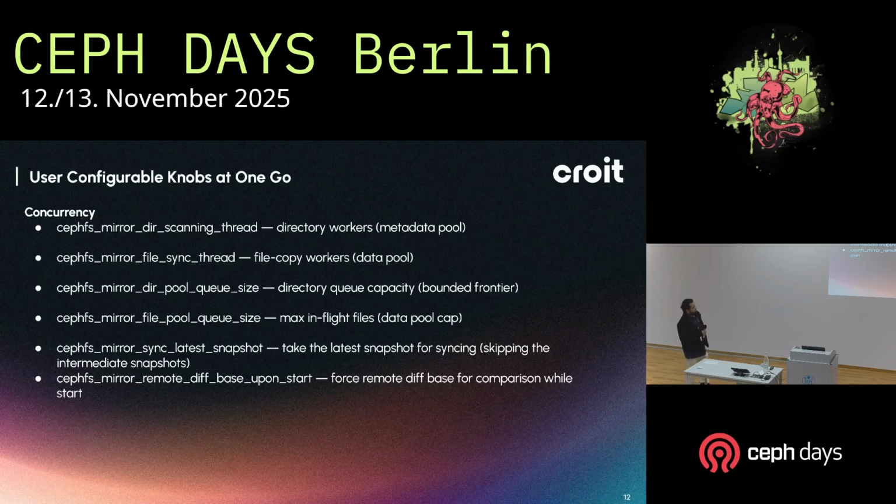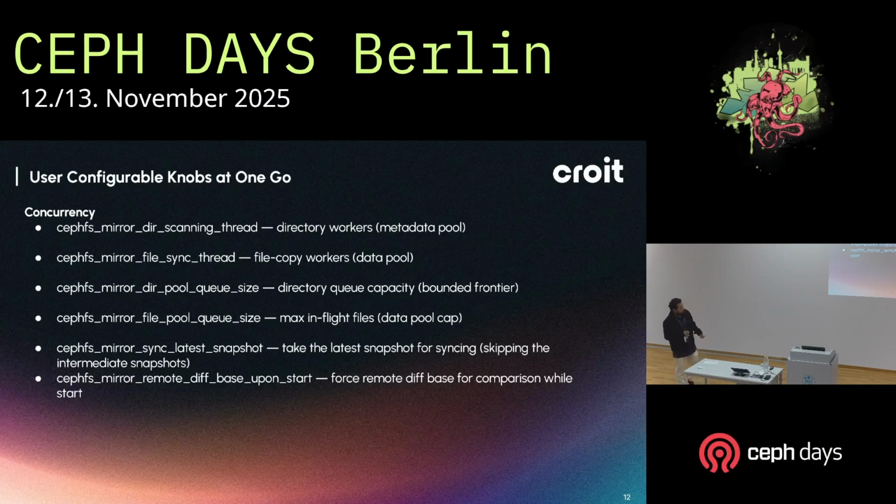Another thing is sync latest snapshot. For example, if you take snap 1, snap 2, snap 3, snap 4, you can skip snap 2 and snap 3. If you make it true, it will sync skipping snap 2 and snap 3, just syncing the latest snapshot, so you will always get the latest snapshot in sync.